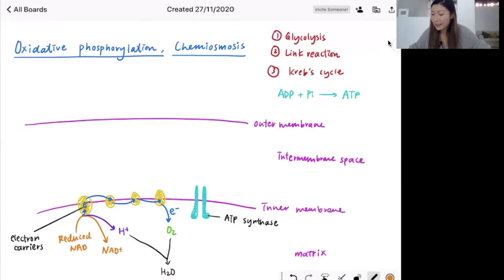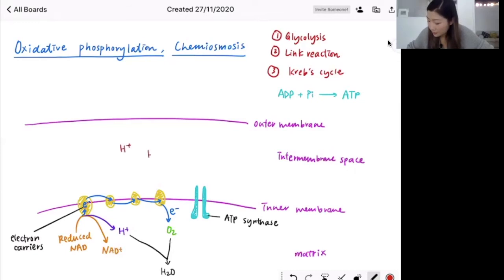So the key thing is, why do we want to move electrons along the electron transport chain anyway? The reason is that as the electrons move down the electron transport chain, energy is going to be lost, and this energy is used to pump hydrogen ion.